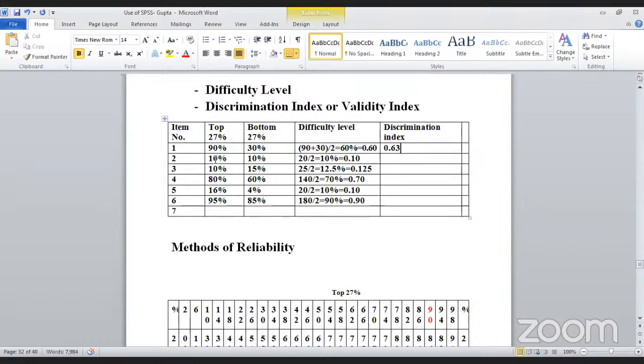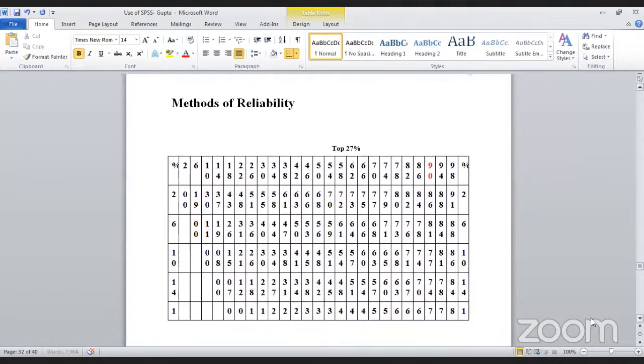It is 10% from the top and 10% from the bottom. This is 10% from the top and this is 10% from the bottom. Can you see what is the value?